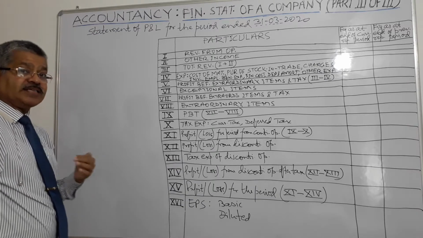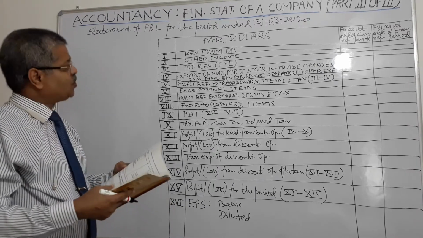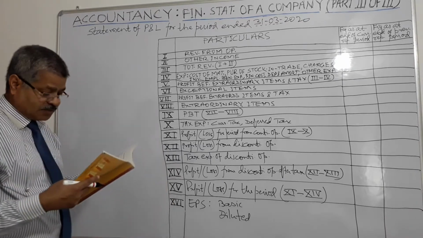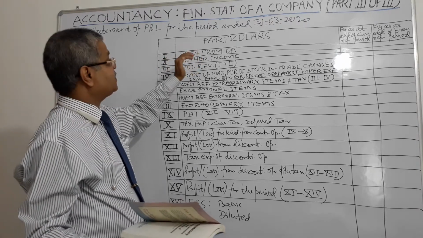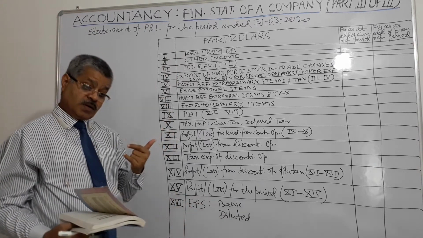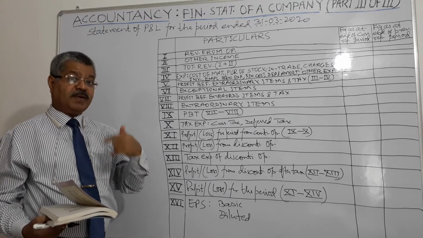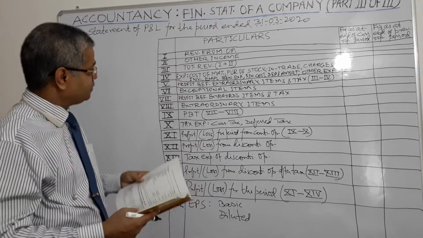Main operating activity has changed, right? So under revenue from operations, sale of products, sale of services, and other operating income. Other operating income which arises from the main operating activities of the enterprise, right?